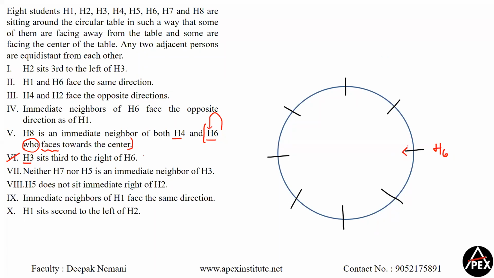So H6 is facing the center, so 1, 2, and 3 you will be having H3. Now, do we know the direction that H3 is facing? Yes or no? Quick responses. No.